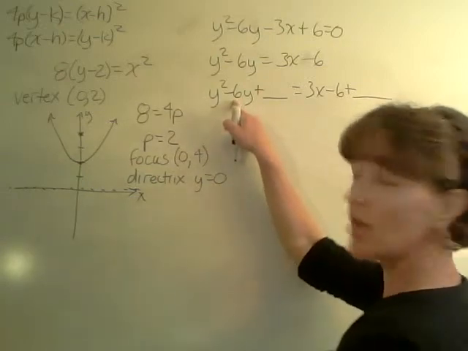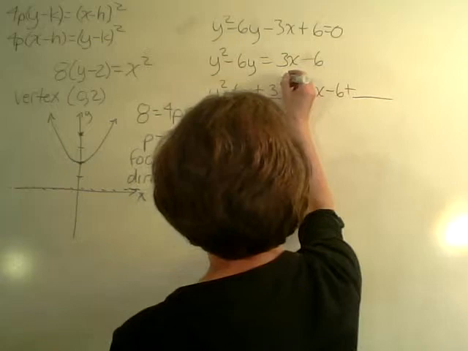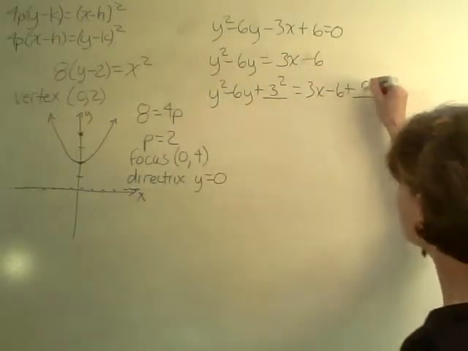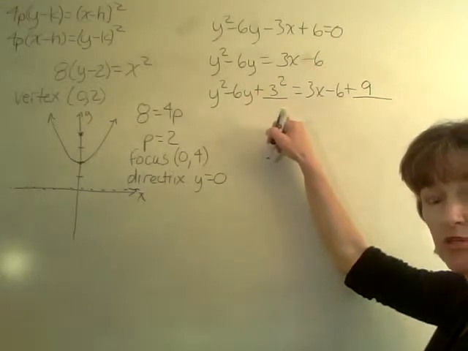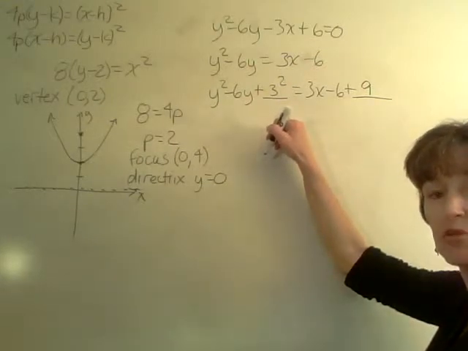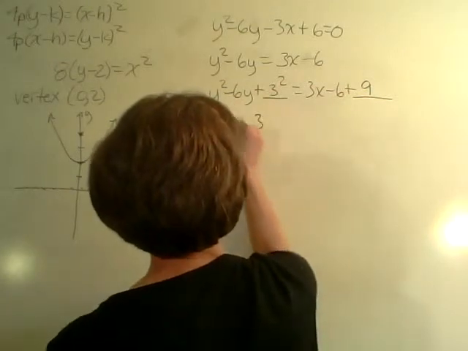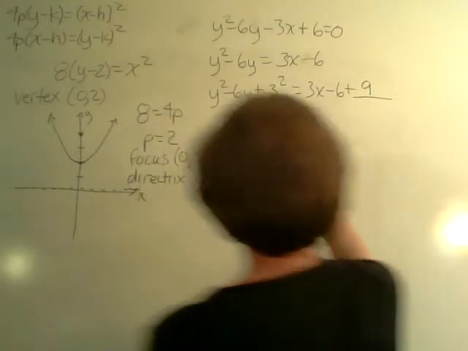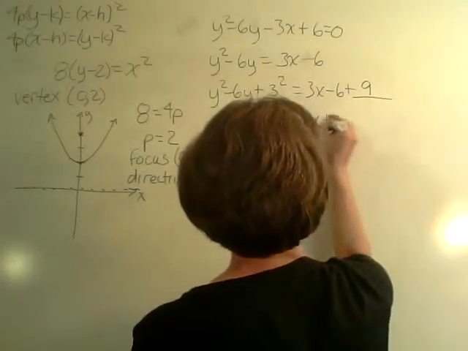Remember, it's half the middle term squared. So half of 6 is 3, squared. 3 squared is 9. Now I have a perfect square trinomial, and I'm going to write that in factored form. So it's going to look like y minus 3 squared. And over here I'm just going to combine my numbers, so I've got 3x plus 3.